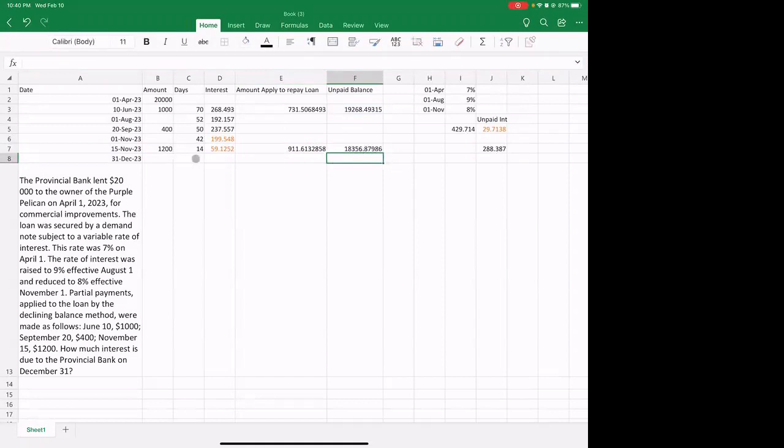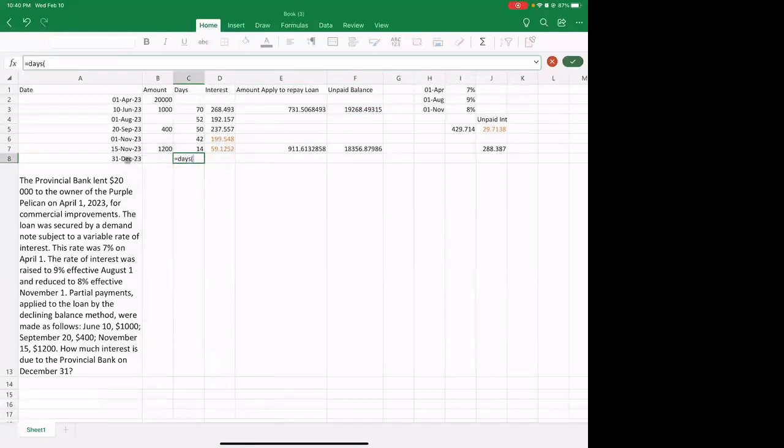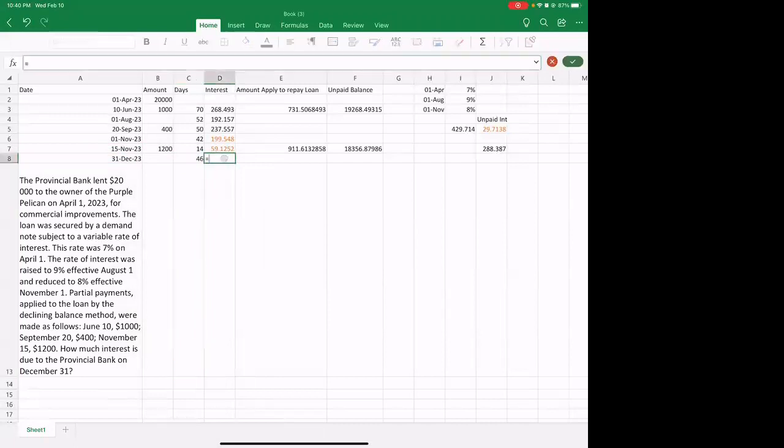After that, you calculate the days between November 15 and December 31st. So equal to days, this one and this one. So 46 days. And then for the interest, you use PRT.